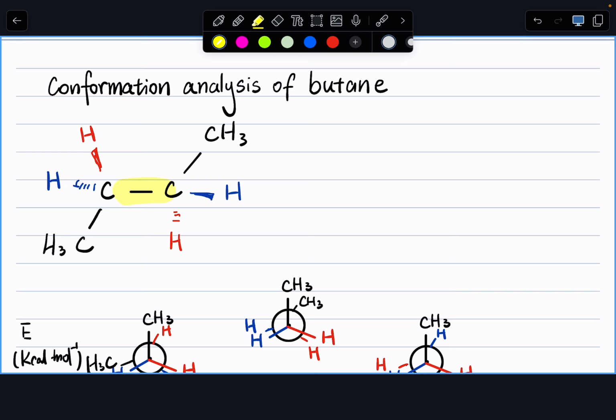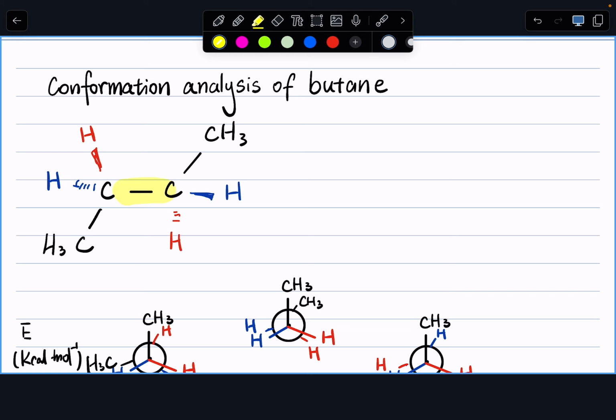So this one is called the gauche configuration. It's going to be higher in energy compared to my anti-configuration because my methyl group and methyl group are closer to each other. I sometimes use this kind of label to indicate there is steric repulsion between the methyl groups.